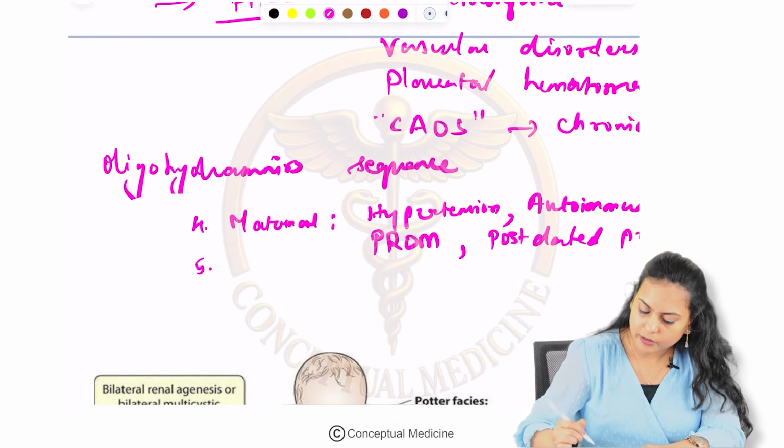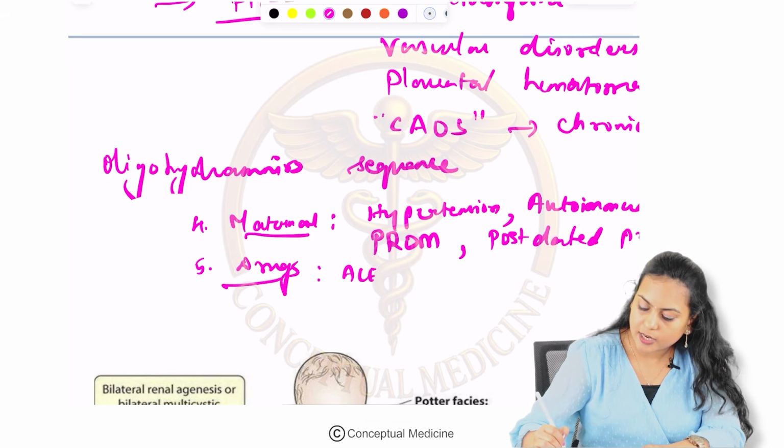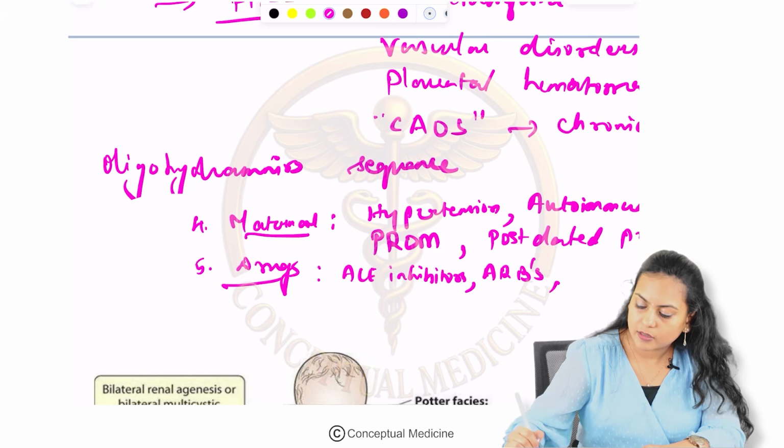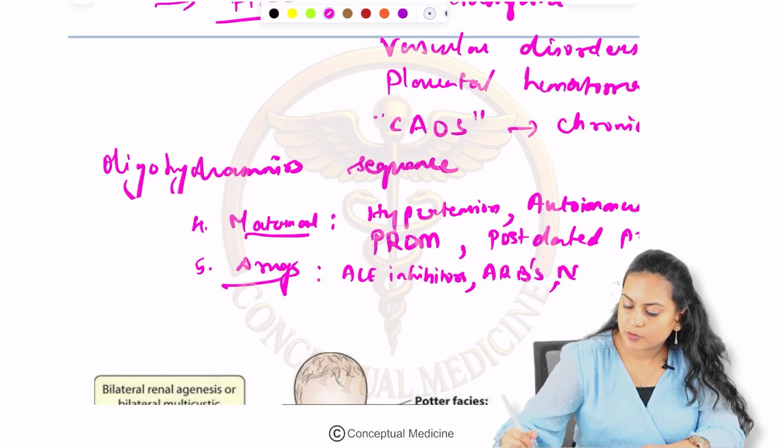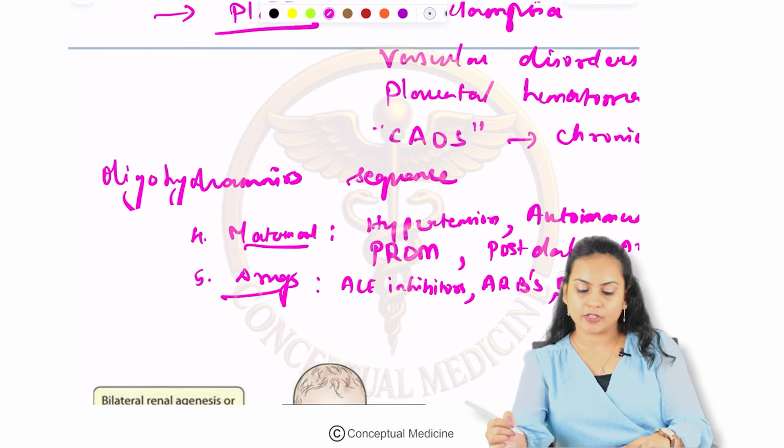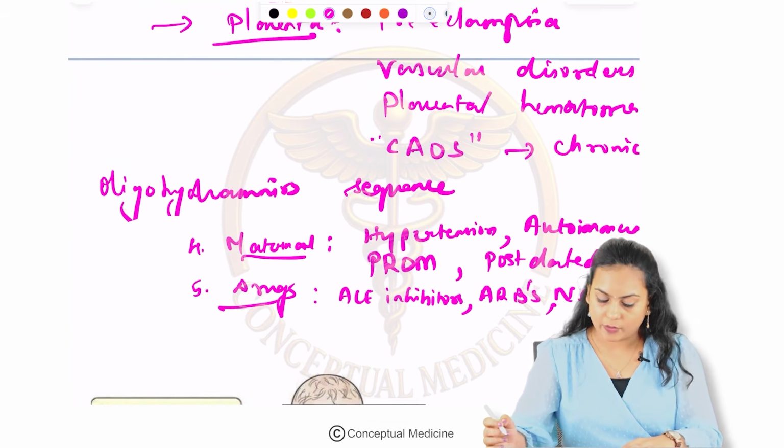And the fifth point is about the drugs. If she is taking any drugs like ACE inhibitors, ARBs, that is angiotensin receptor blockers, and NSAIDs, these drugs can also cause the adverse effect of oligohydramnios.